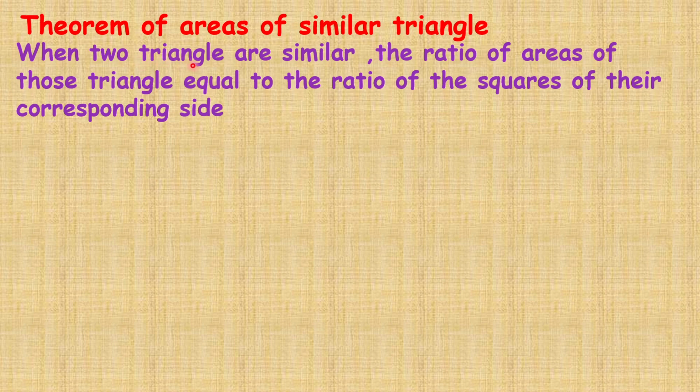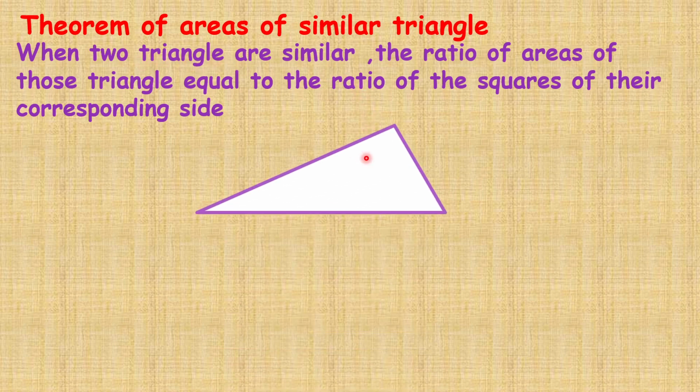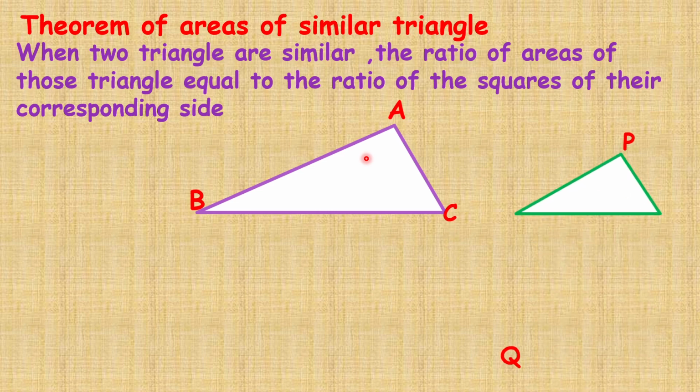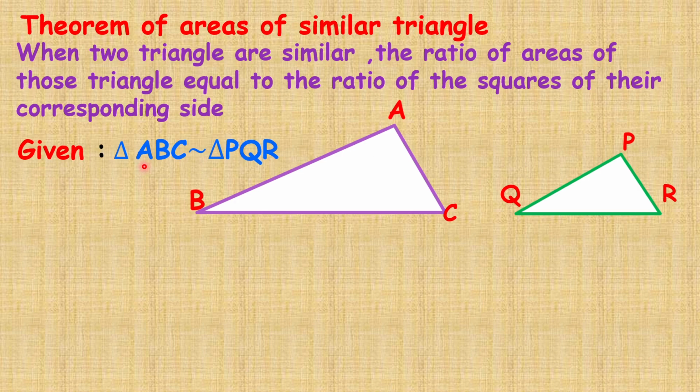What is given? Two similar triangles are given. Let triangle ABC be similar to triangle PQR. What to prove? The area of triangle ABC divided by the area of triangle PQR, that means the ratio of the areas of those triangles, is equal to the ratio of squares of their corresponding sides.